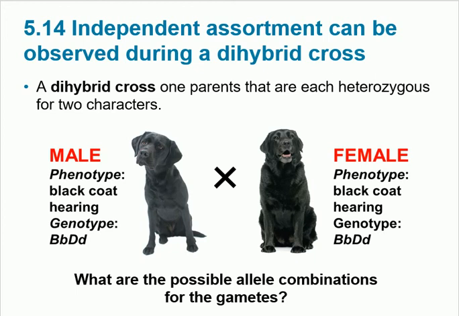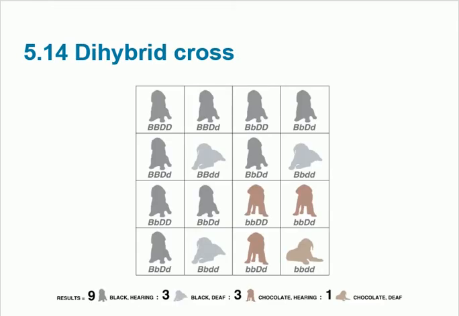So what is the possible combination of those? This will bring us to a bigger square. Unlike the other one, which was only 4, this will bring us to 16 different chances. If you make 4 here, the 4 of the sperms, same thing with the ova. Now you're going to match them, and you will get to this square.